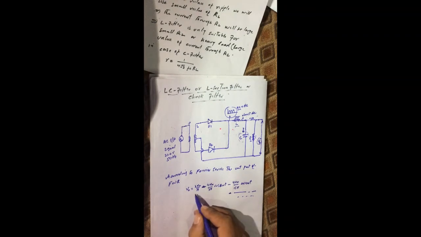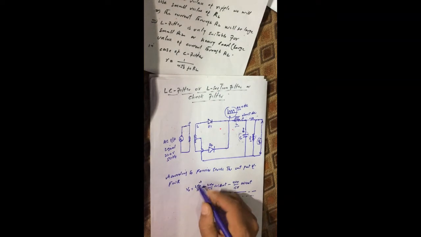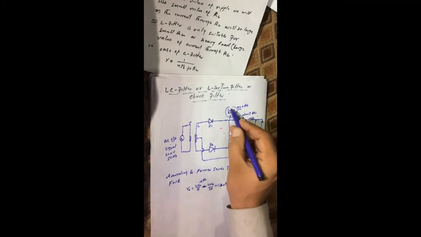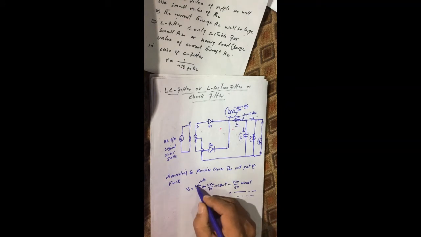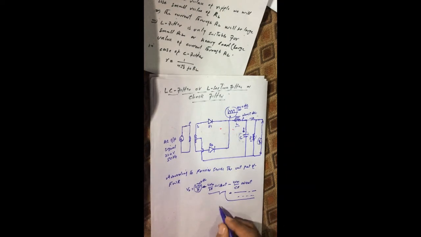Now this first term is the DC component of the voltage, like here it contains both DC and AC. So the DC component is given by this one, and the rest up to here are the AC components.